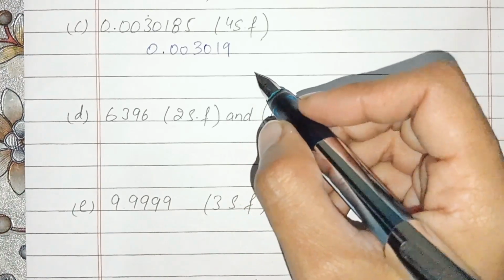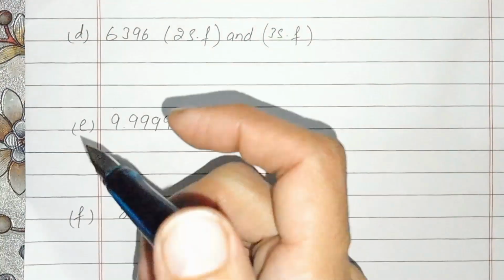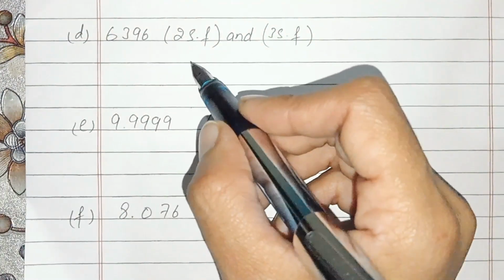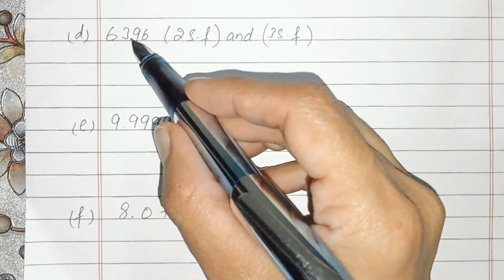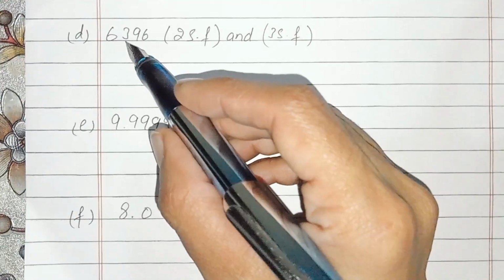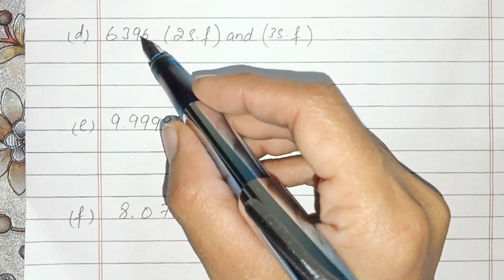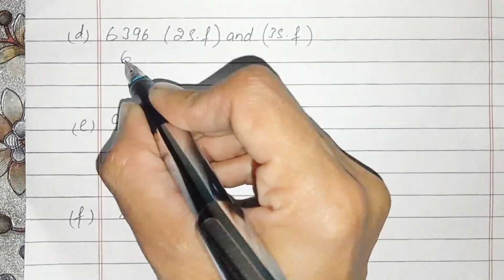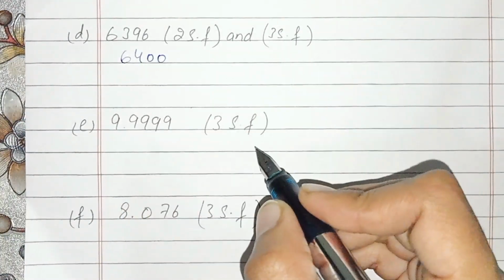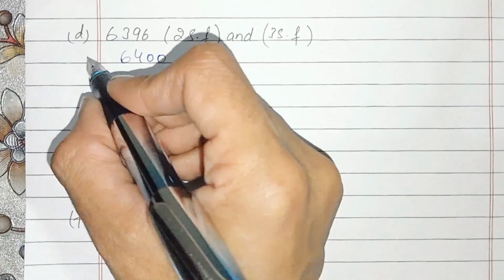Now students, part number D. There are two parts in this question. First, we have to write the value to 2 significant figures. We saw that there is a 9, which is greater than 5. That's why we have to write it 6400.